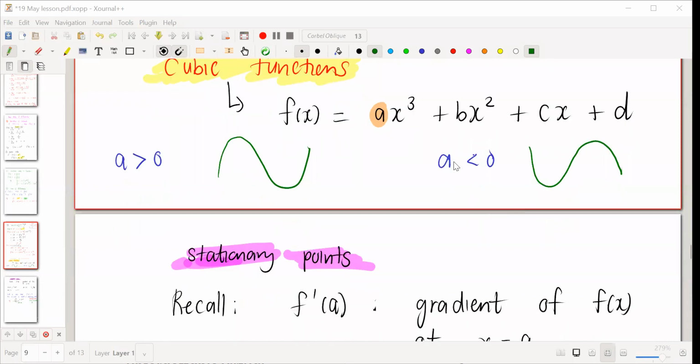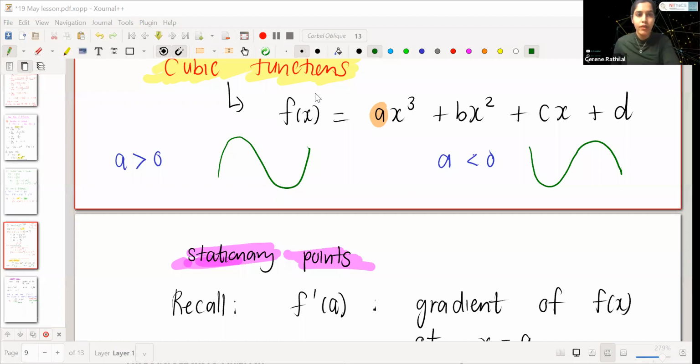Okay, so that is why I needed to explain this notion of stationary points. Oh, my video is off. So in this case, you see at this turning point, a stationary point, the gradient is 0. Similarly here, the gradient of the tangent line to these points are all 0.